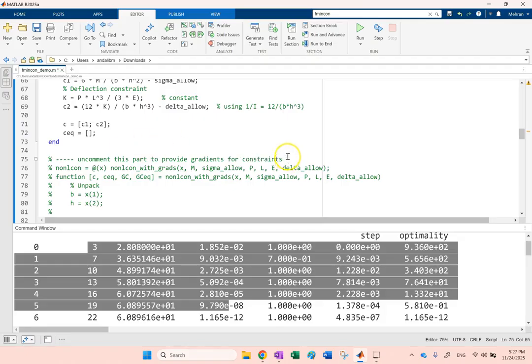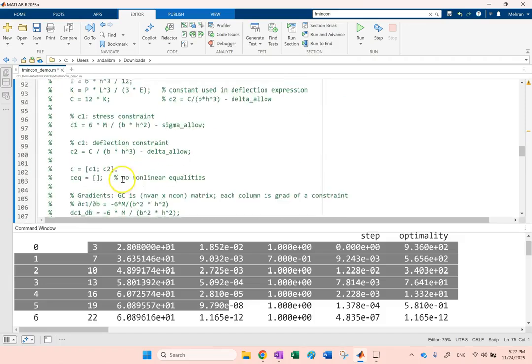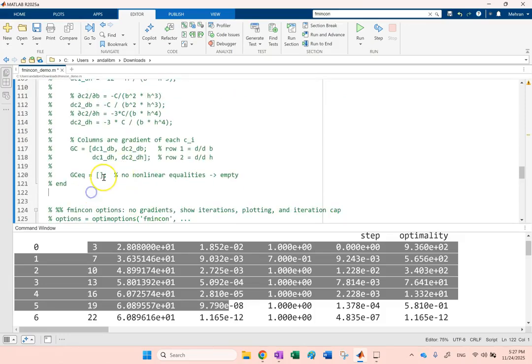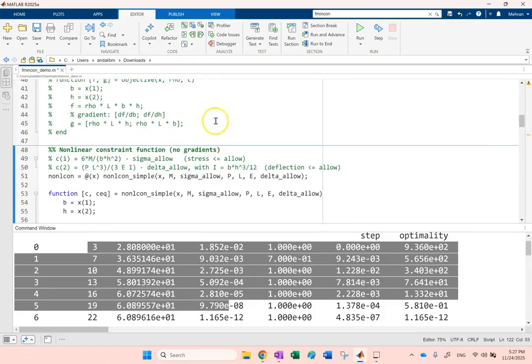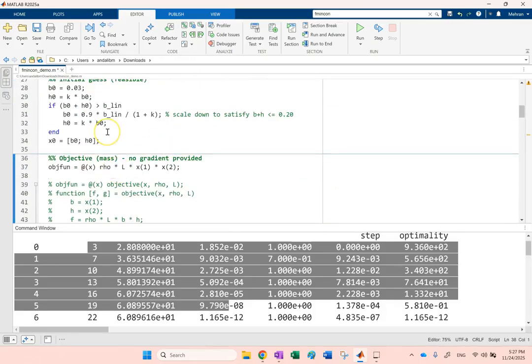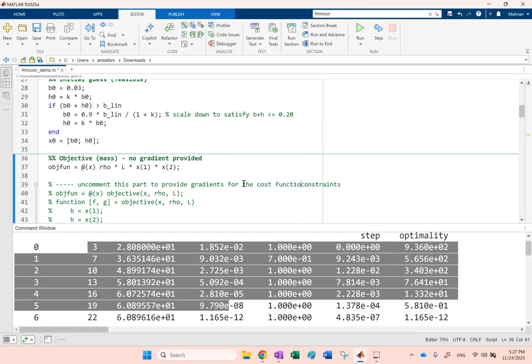Right? And similarly here, I'm going to do a similar thing for the cost function, right here. So you uncomment this part to provide gradient for the cost function.